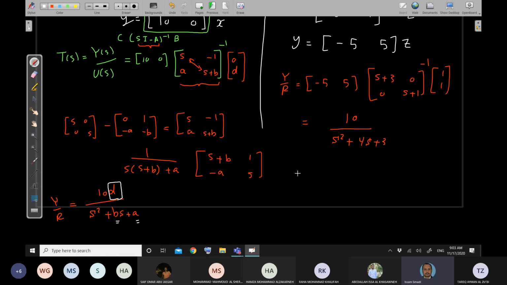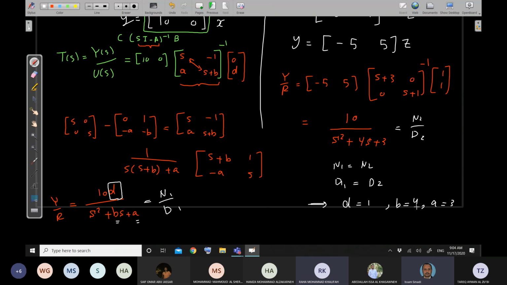Yes, because two rational functions are identical if and only if the numerators are equal and the denominators are equal. Let's say this is N1 D1 and this is N2 D2. So simply N1 must equal N2 and D1 must equal D2. If we do the comparison, then I will get D equal to 1, B equal to 4, and A equal to 3. Good.